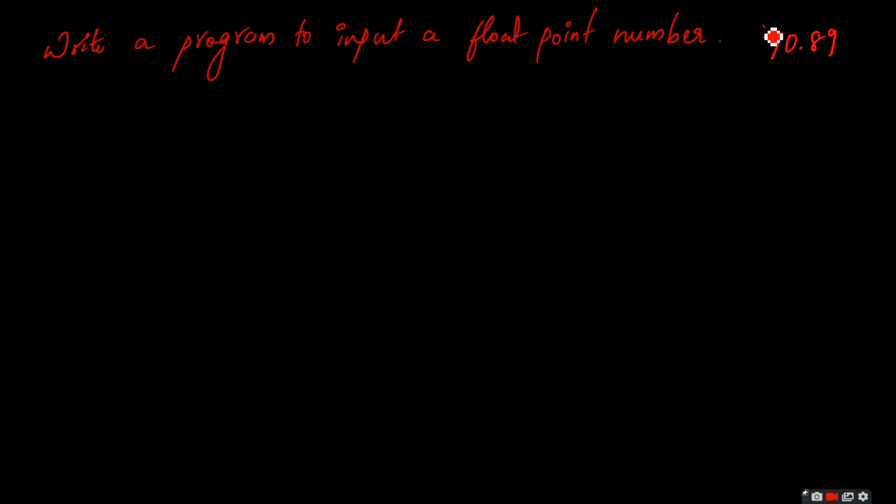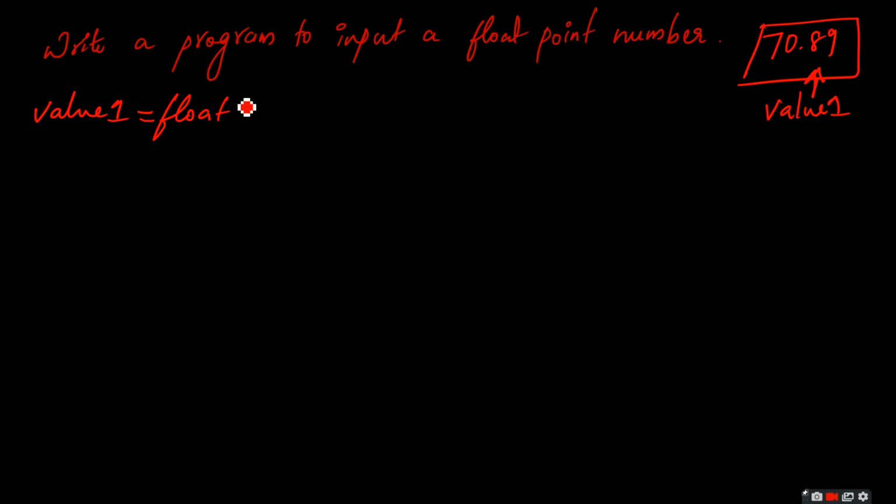Next question, write a program to input a floating point number. 70.89. This is the floating point number. So in order to store this value, we need the help of a variable. I'm taking the variable name as value1. We can give like this way also. This value1 will point to this value. So we can write the variable name first, equal to. In order to input the floating point number, we need a float function.